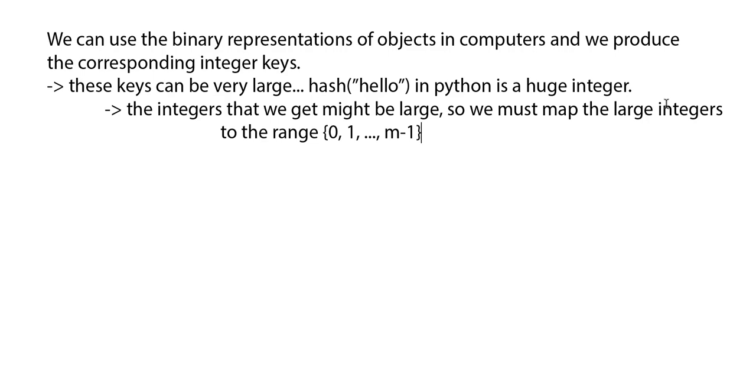This is precisely the range of all indices in our hash table. So that's where we want to be. We want to map all the integers we get that are keys to this range using our hash function.